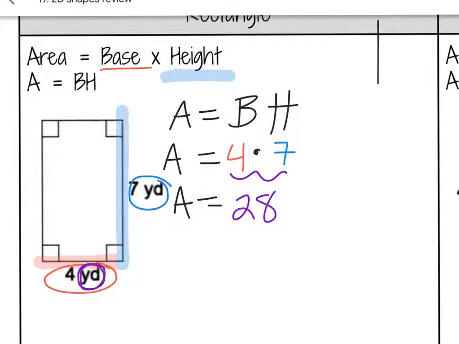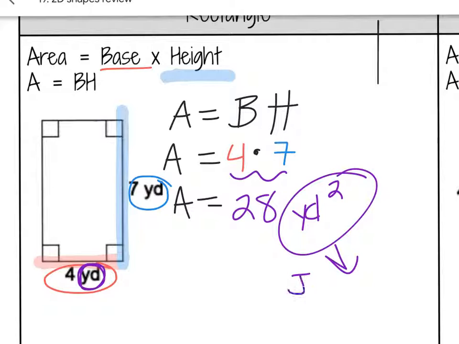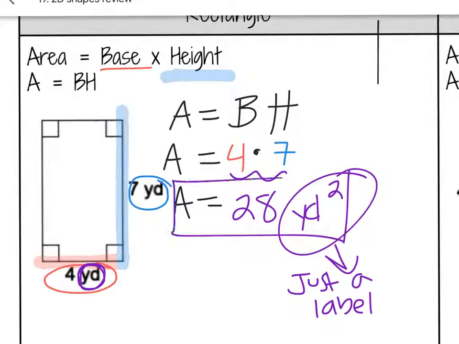And then I have my units of yards squared. So right here, this unit is just a label. Okay? You are not squaring anything else. It is just a label. So your area of this rectangle is 28 yards squared.